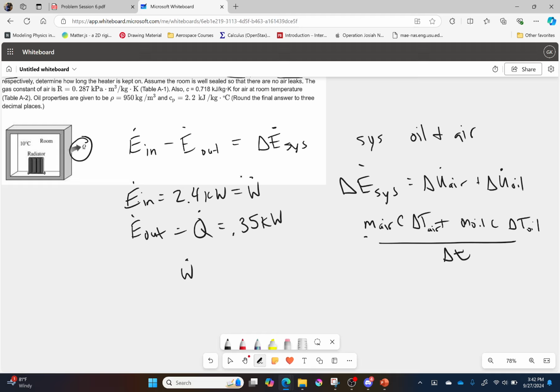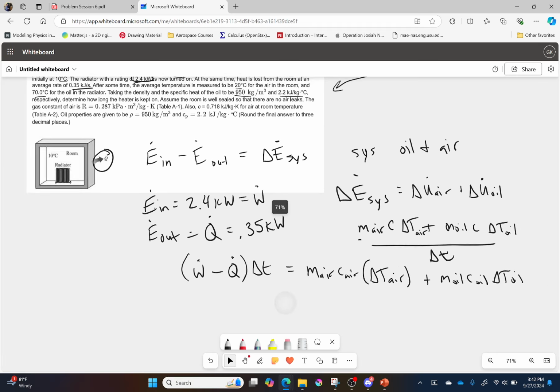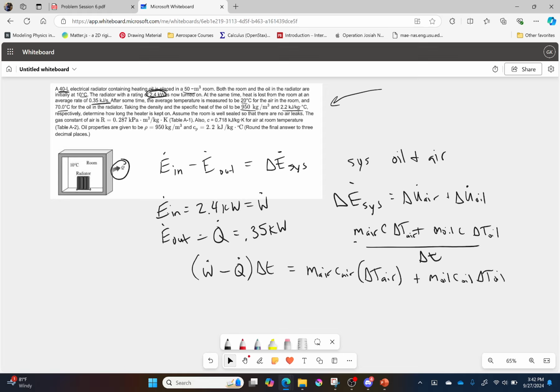So work dot minus Q dot, we'll multiply that by delta T. The reason I'm doing that is just so I can bring it over, is equal to mass of air, C air, and I'll say this is delta T air here, plus mass of oil, C oil, delta T oil. Okay. That looks really good.